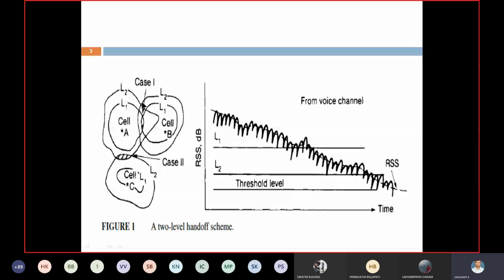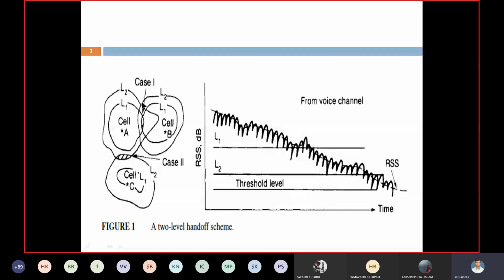Whenever automatic handoff should be raised, but none of the channels is available, all channels are busy, the call is still in progress. Now the mobile reaches level 2.